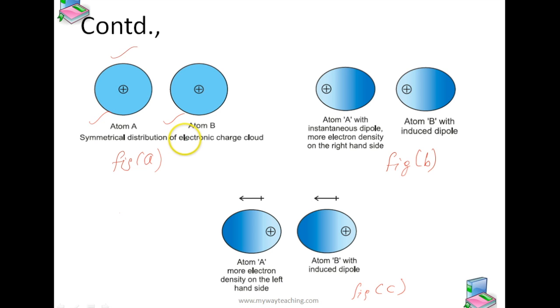That is, the charge cloud is more on one side than the other. Figure A shows a symmetrical distribution of the electronic charge cloud.